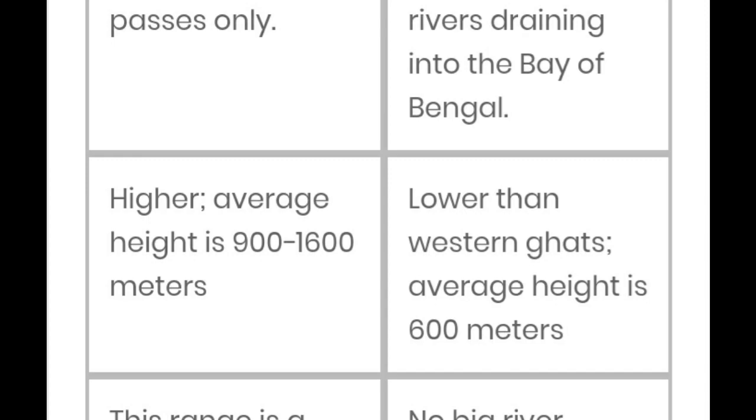Let us compare the Eastern Ghats and the Western Ghats on the basis of height. The average height of the Western Ghats is 900 meters to 1600 meters, whereas the average height of the Eastern Ghats is lower, at about 600 meters.